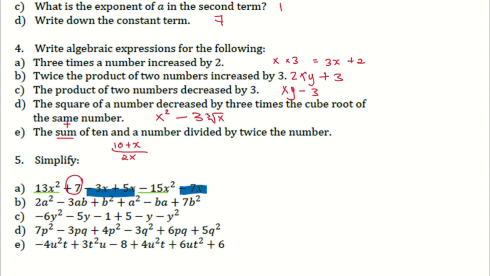It stands alone in this particular expression. So we're going to say 13 minus 15 is negative 2x to the power of 2. Remember, when we're doing addition and subtraction of like terms, the coefficients change, but the variables and the powers of the variables stay the same.